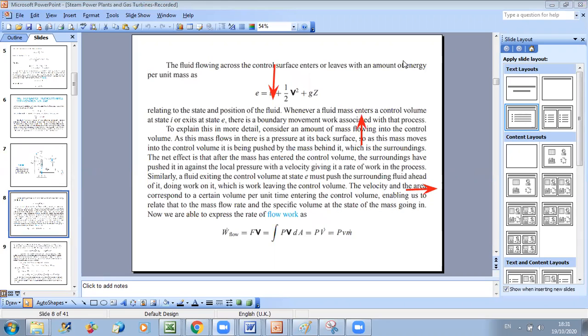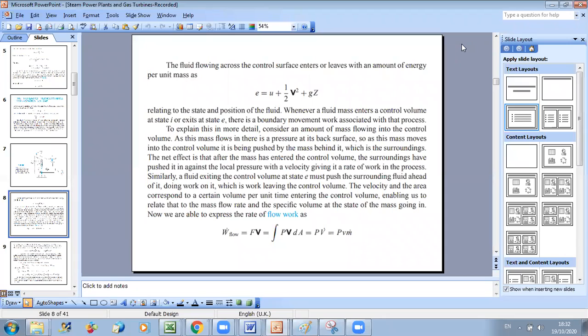Okay. So now, as we said, sometimes we have an open system, it's not closed. So we should consider another type of work, which is the work of the flow. Okay. So if you have a fluid flowing across a control surface, that is entering or leaving with a certain amount of energy per unit mass, we should take into consideration the energy of this flow, because first, this flow can increase the energy of our system.